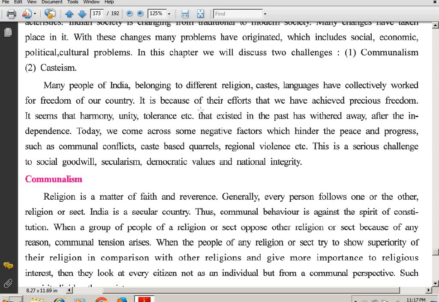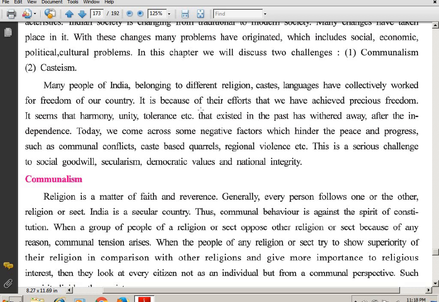But today, our country seems to be losing all these values. It seems that the harmony, unity, and tolerance that existed once upon a time has withered away. It is now disappearing as if we are forgetting about it.